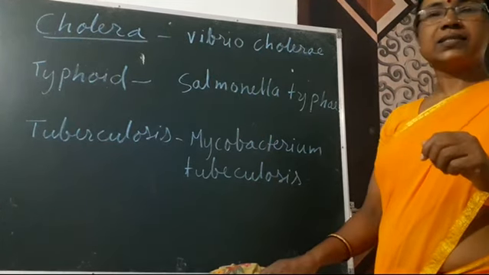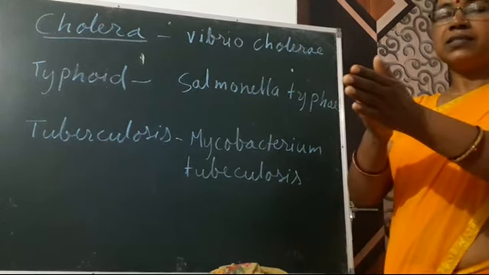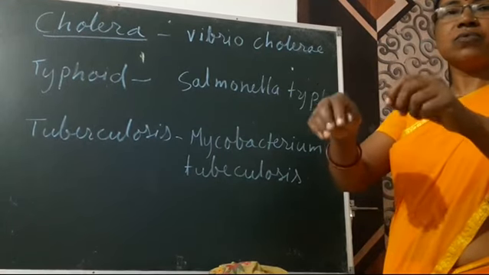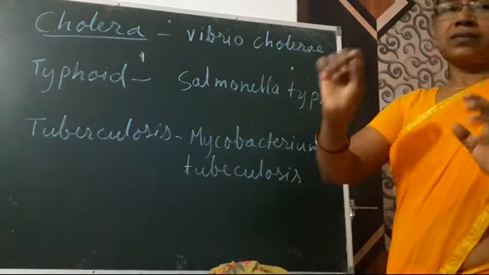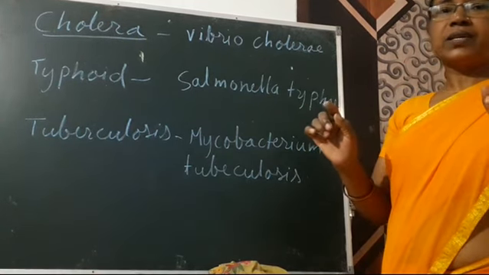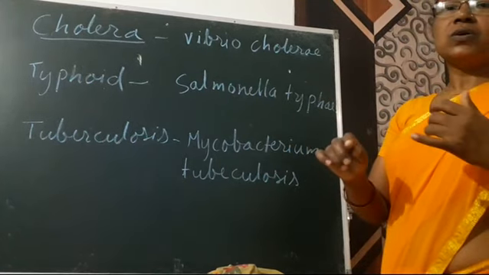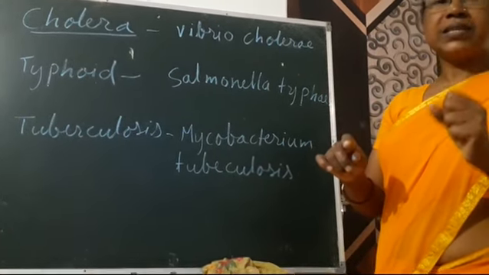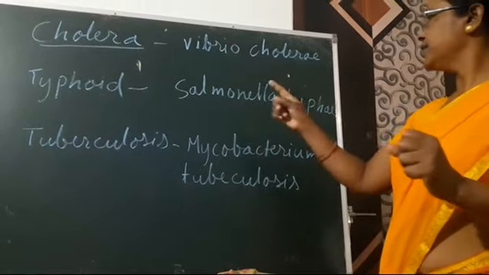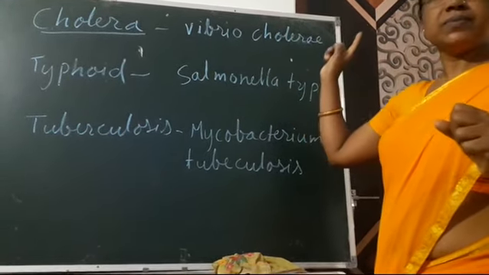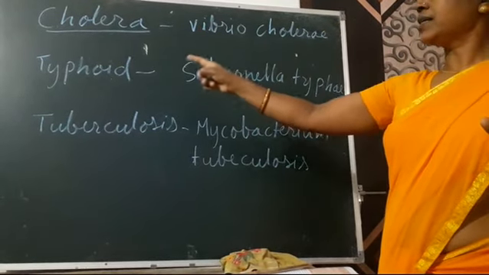When it sits on food, it just rubs its legs like this, so germs may fall in the food. That's why, when we eat uncovered food or drink contaminated water, we get this bacteria or germ, which causes typhoid.